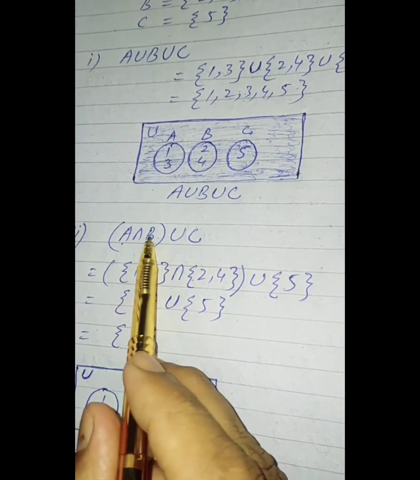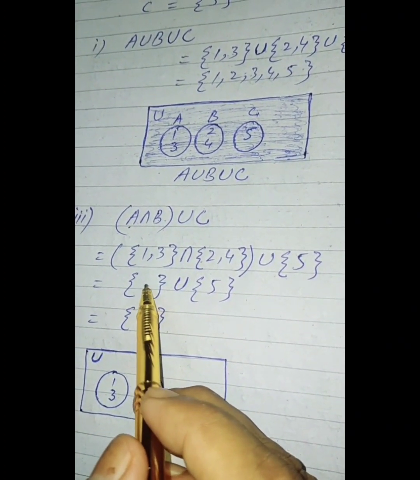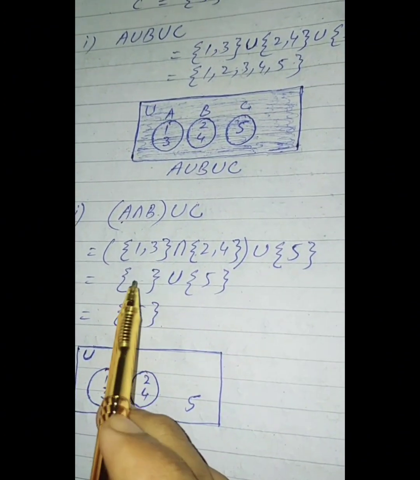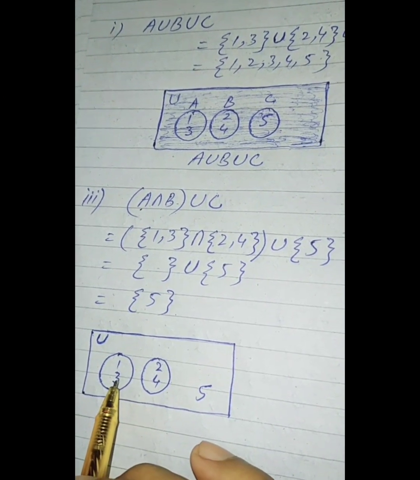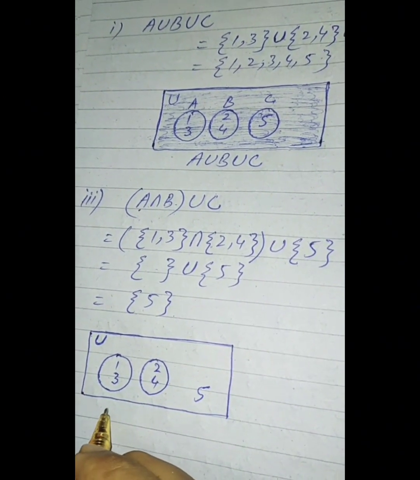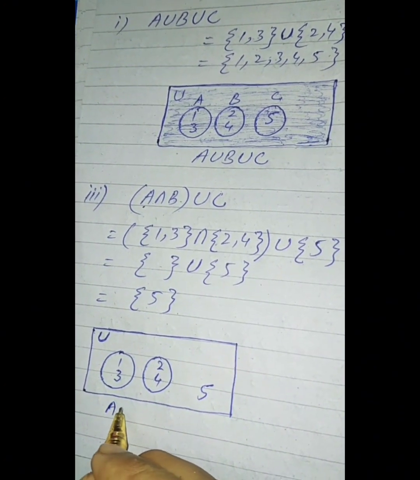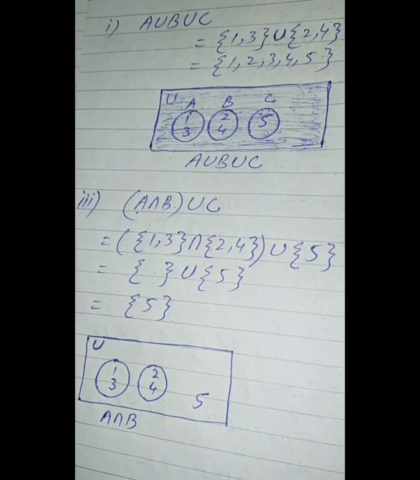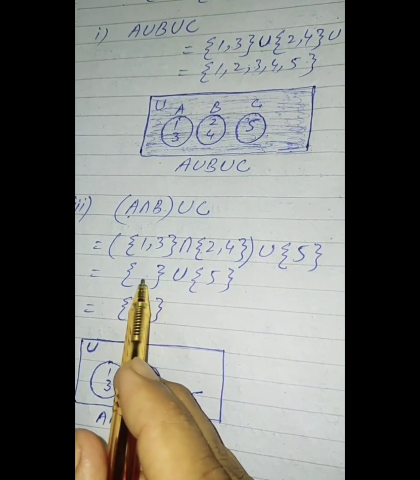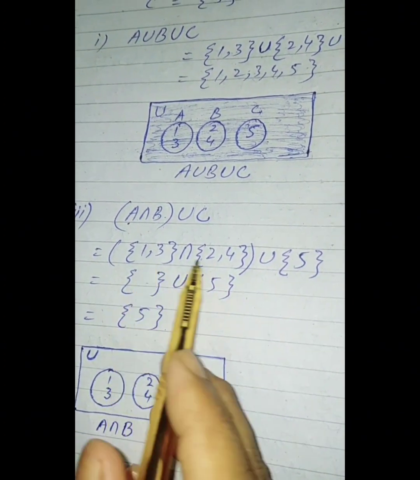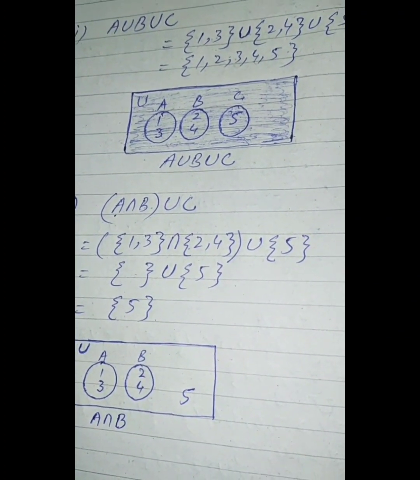Now A intersection B is equal to an empty set, which means the resultant set is empty, so no part will be shaded. Clear? Because we have an empty set, we do not have any common member between A and B, that's why we will not shade any part of the rectangle.